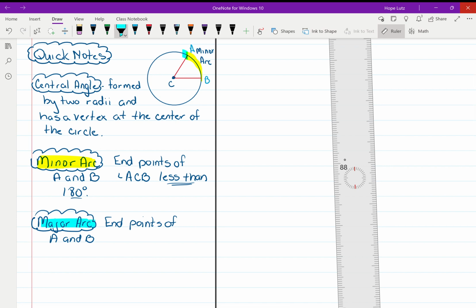That means that we're going to go the opposite direction, and that's going to be our major arc. All right, so the major arc is going to be, again, our angle. I forgot to put letter D here. But it's going to be of angle ADB. Okay? And it is more than 180 degrees.